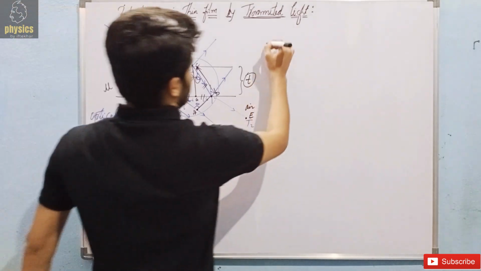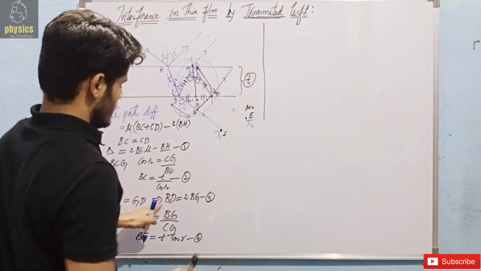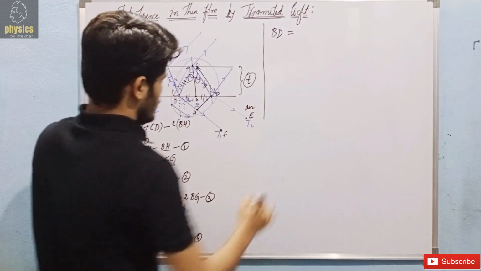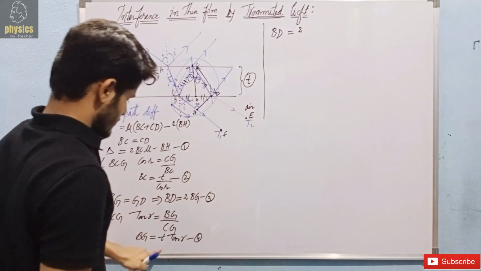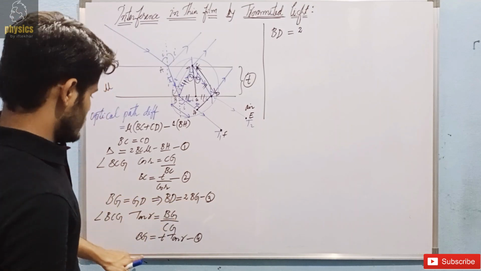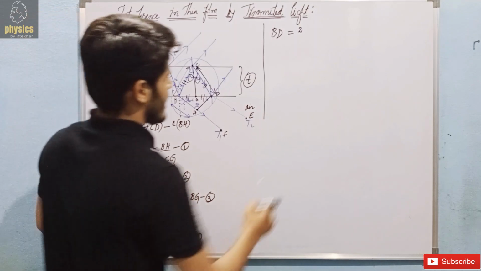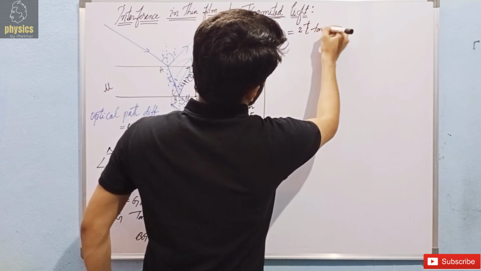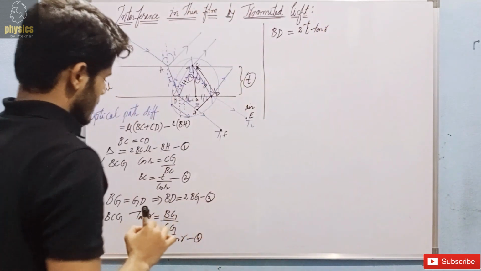What will I get? BD is equal to 2 times the value of BG. What is BG? BG is T tan R. So BD is 2T tan R.